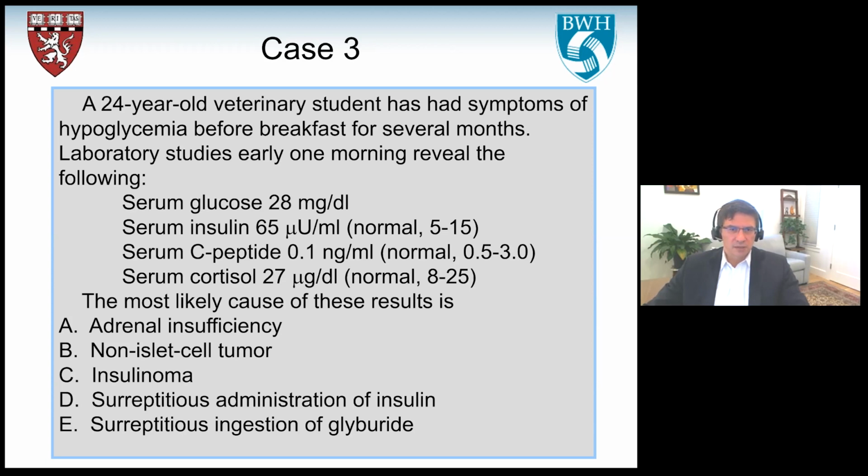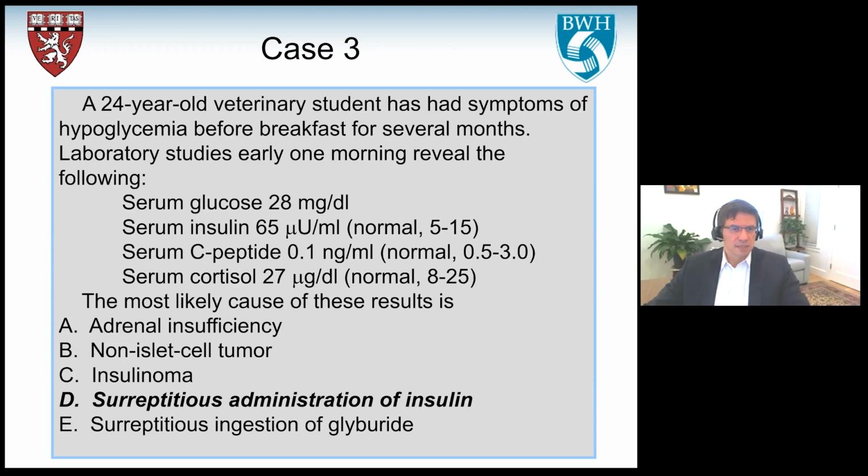The most likely cause of these results is A, adrenal insufficiency, B, non-islet cell tumor, C, insulinoma, D, surreptitious administration of insulin, or E, surreptitious ingestion of glyburide.